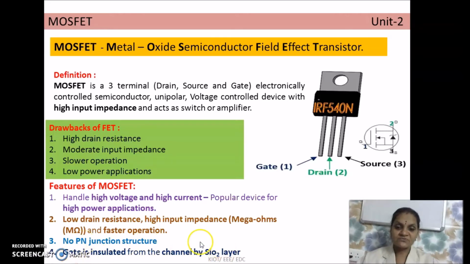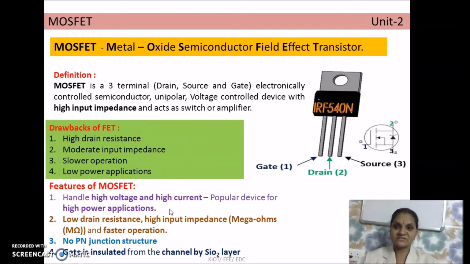Because of the presence of this insulating layer, the input impedance of a MOSFET is very high. So these are the changes or modifications incorporated on the manufacturing or structural side in order to overcome these drawbacks in the FET. By this way, all the drawbacks in FET are converted into advantages in the MOSFET by providing some improvements.